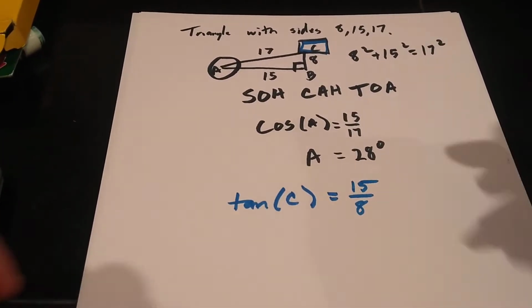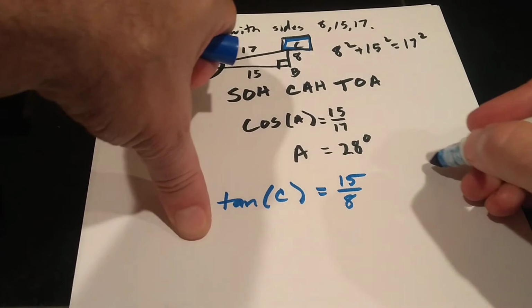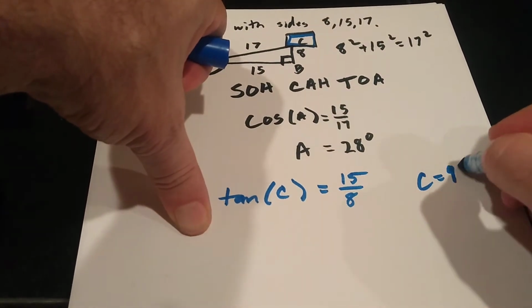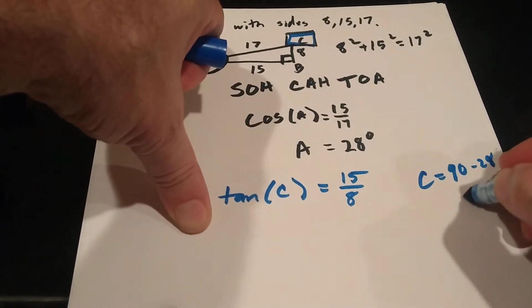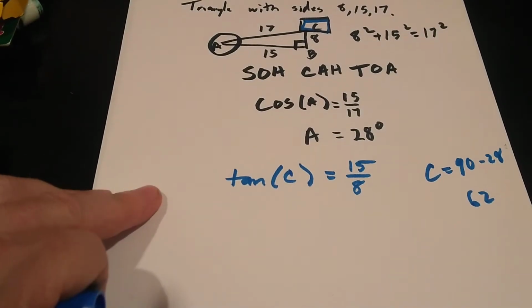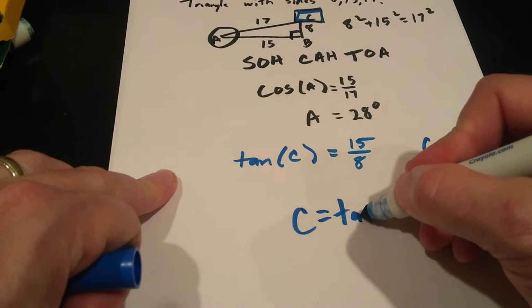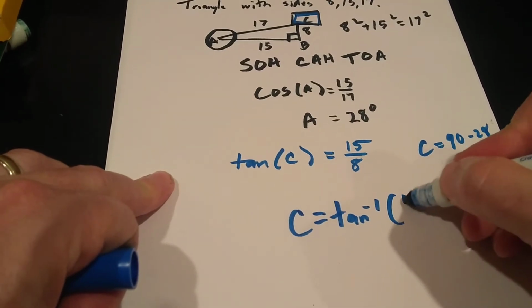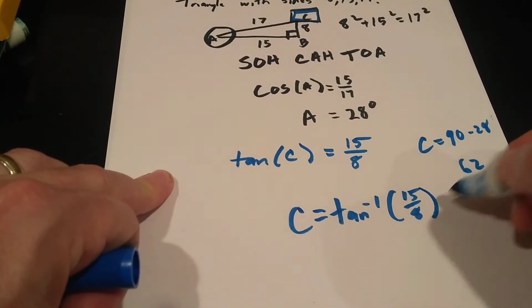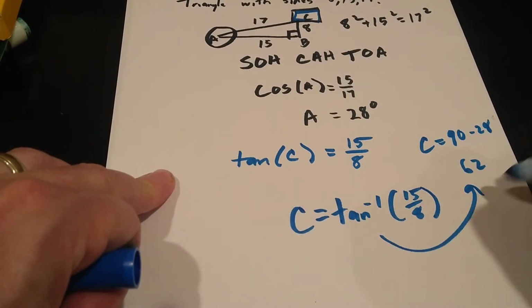We knew this, if this A was 28, this other one, the C, had to be 90 minus 28, or about 62. But if we do it this way as well, essentially we found out that if we do tan -1 of 15 over 8 in our calculator, it gives us this number.